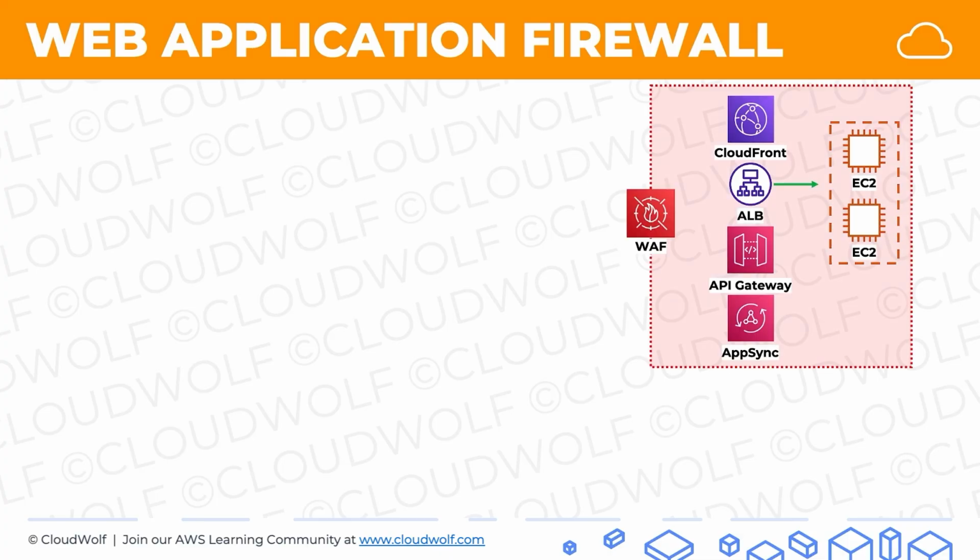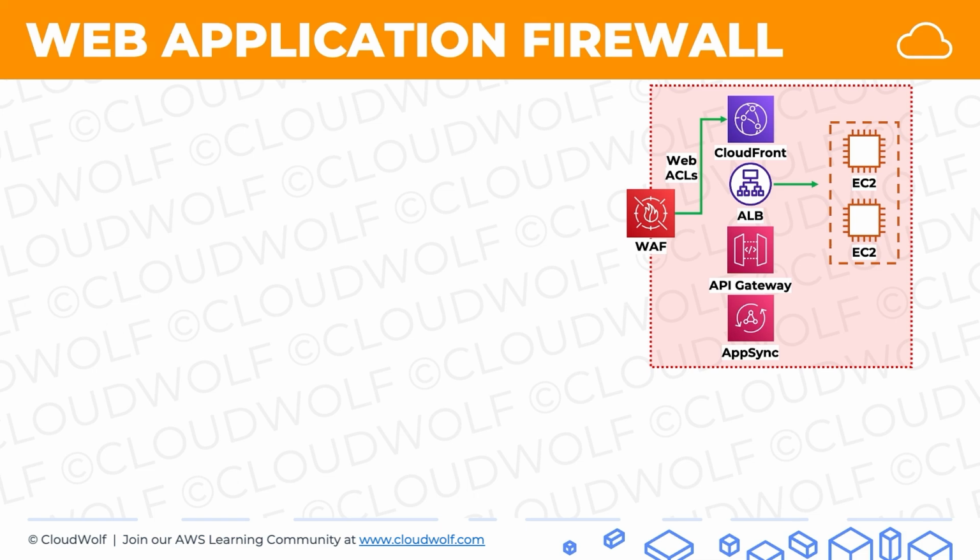We would deploy this to each service separately using what are called web ACLs and rules. So you can set up your custom security rules to block, allow, or monitor web requests, or you can use pre-configured rules to protect against common web exploits such as SQL injection and cross-site scripting, or XSS.